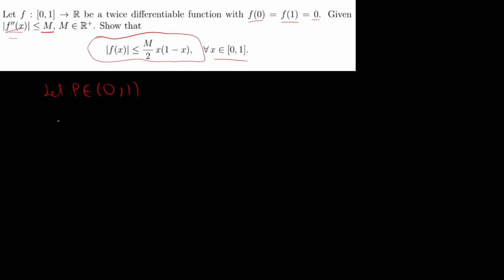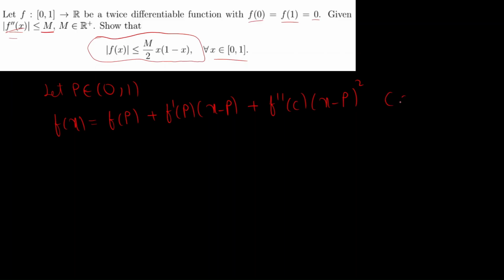Then I can say that f of x is equal to f of p plus f dash of p into (x minus p) plus f double dash of c into (x minus p) whole square. Sorry, this is not p, it is some constant c where c belongs from p to x.